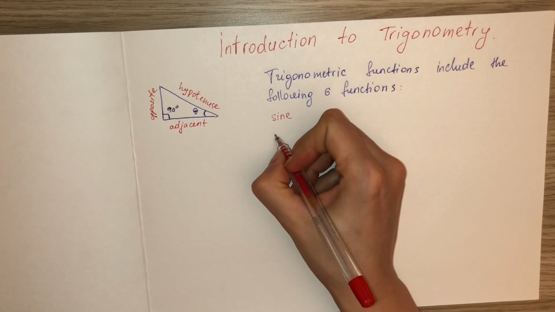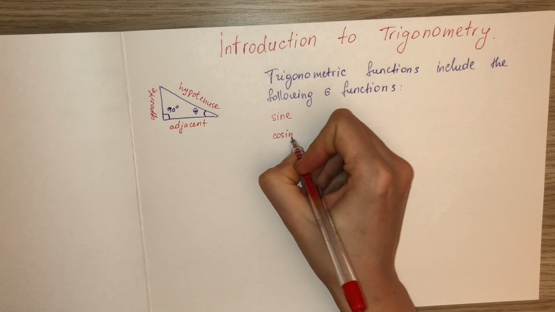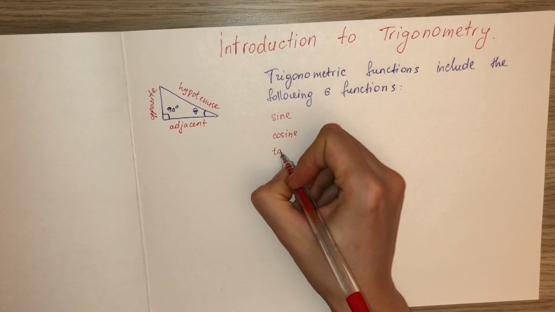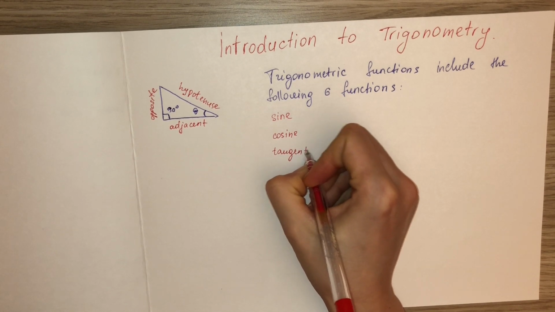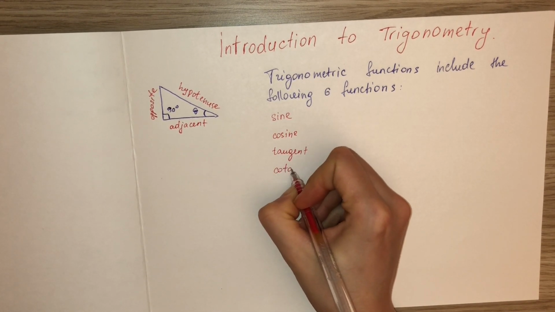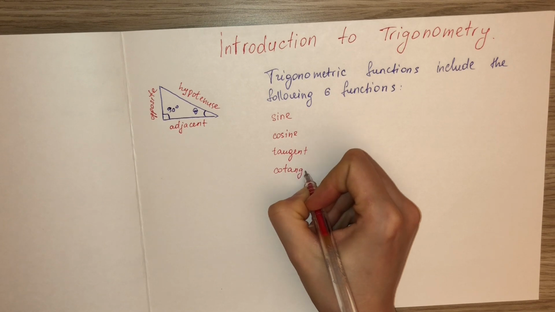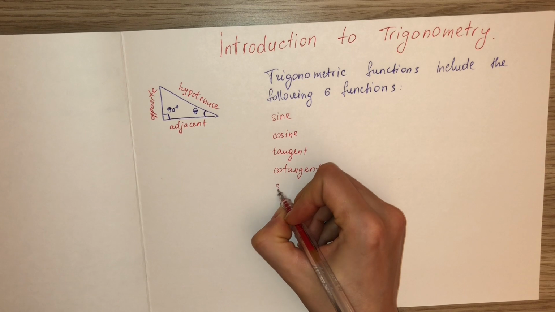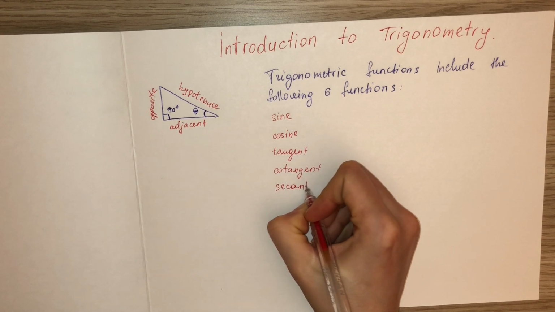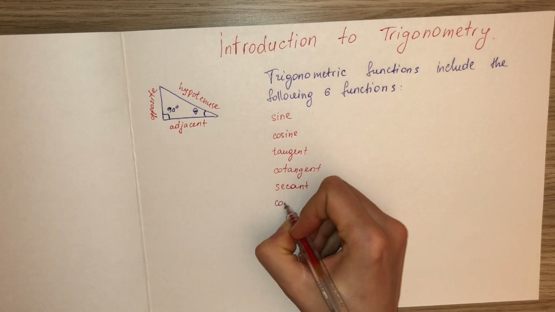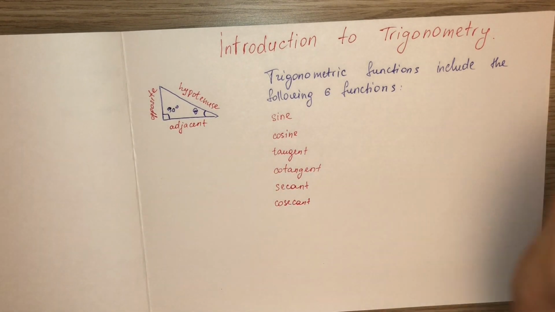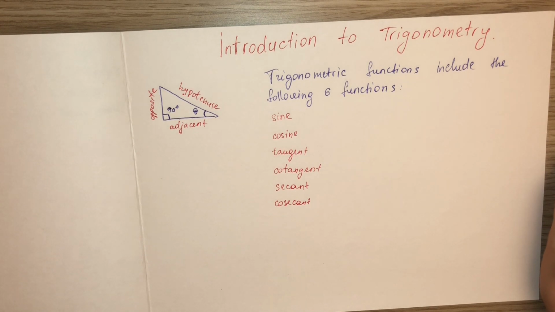The second one, cosine, tangent, cotangent, secant and cosecant. For each of these functions, there is an inverse trigonometric function.